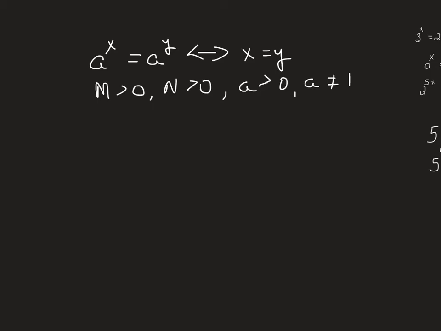Part of the definition of a logarithm. And this property, the one-to-one property for logarithms, or sometimes the property of logarithmic equality, says that if we have the log base a of m equals the log base a of n, if and only if m equals n.